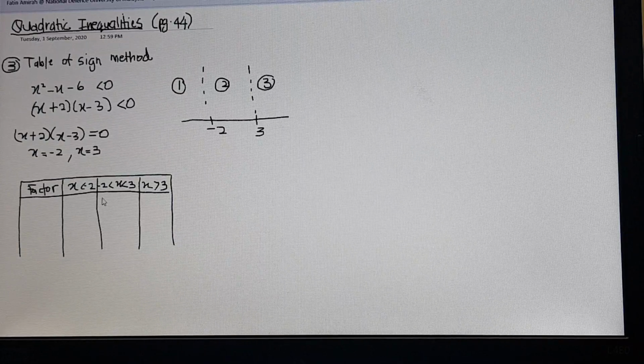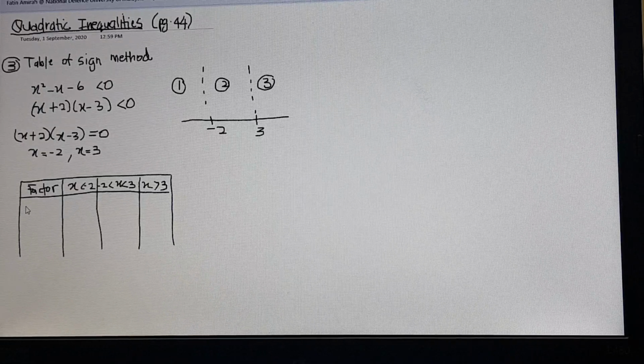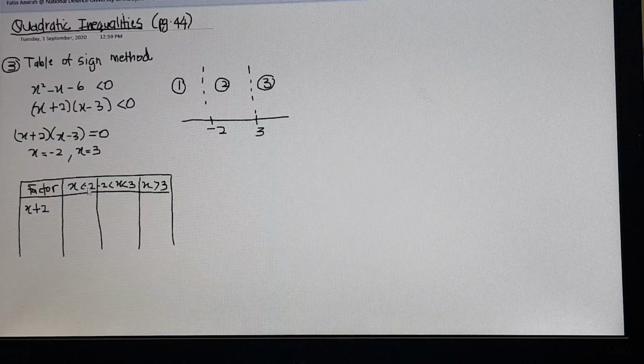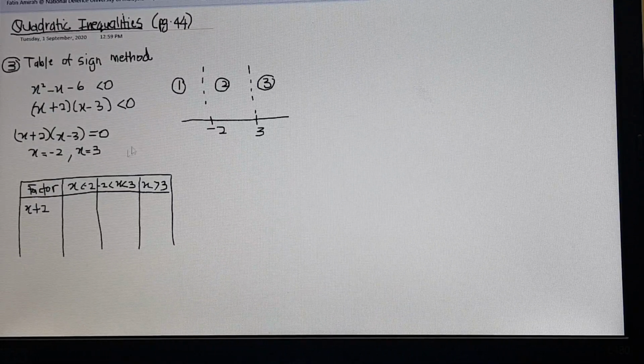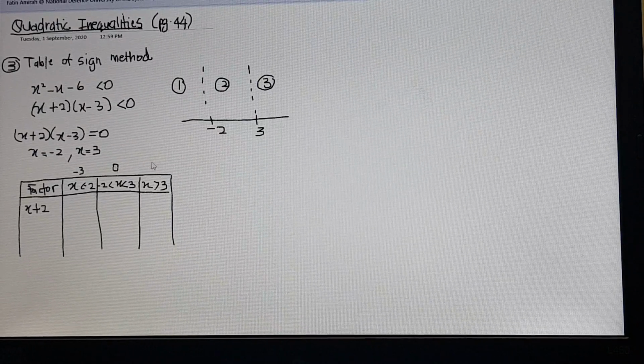So we write it down in table form. You have the first factor here, x plus 2. Let us try the first area. You can choose any value which is less than negative 2, say negative 3. In between, you can choose any value, so say I choose 0.